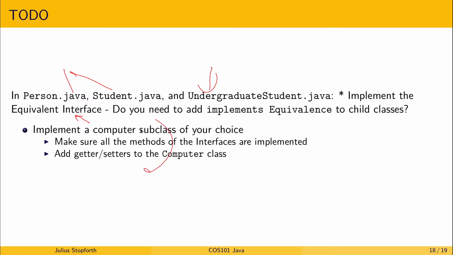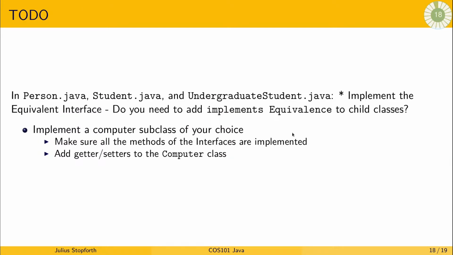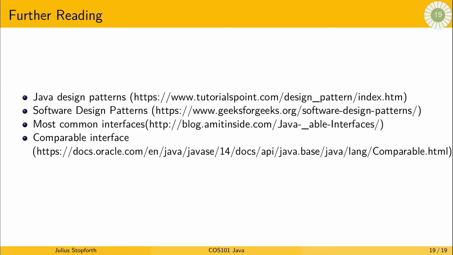This is more just exploring how interfaces work and how to use them, with an abstract computer class. And then finally, these are some software design patterns and common interfaces for Java that you might want to look into and read about.